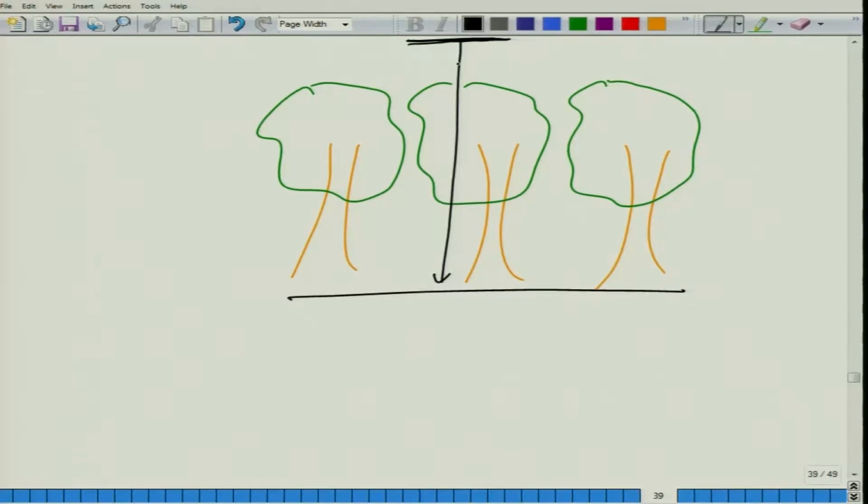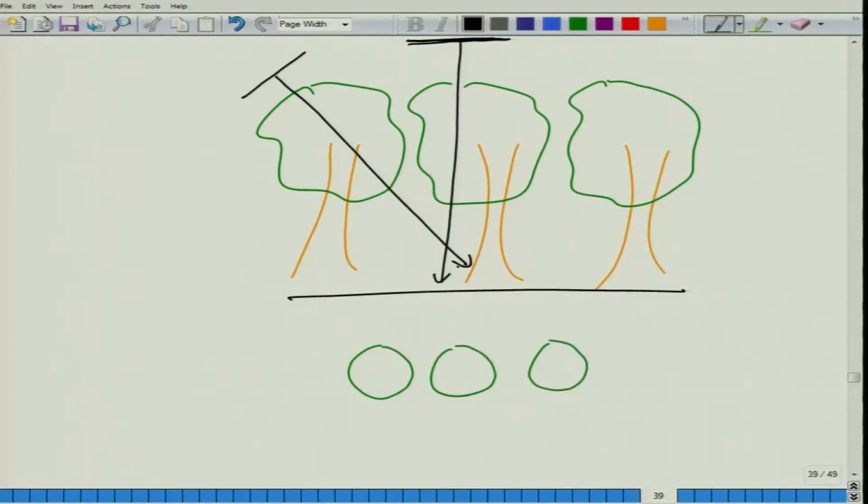So, in that case, from the top you will be able to see these three canopies. If you took a photograph like this, then in this case this portion of your canopy is visible, but the portions of this tree that should have been visible, like these portions, would be masked by the canopy of this tree.